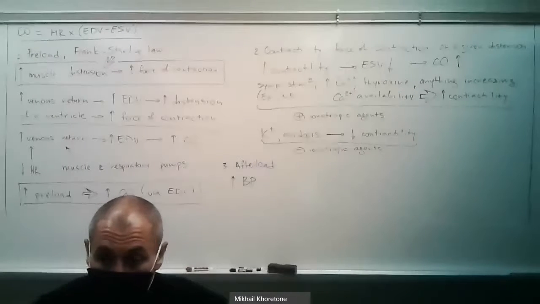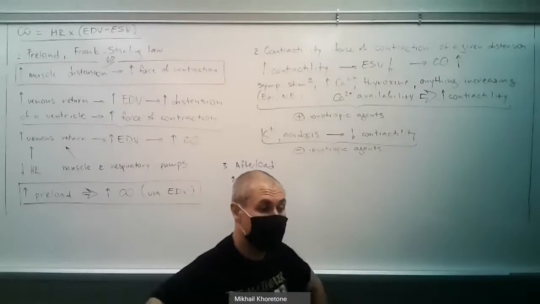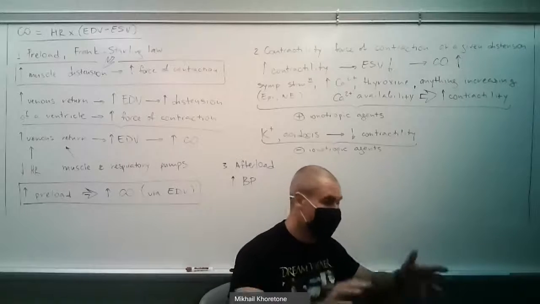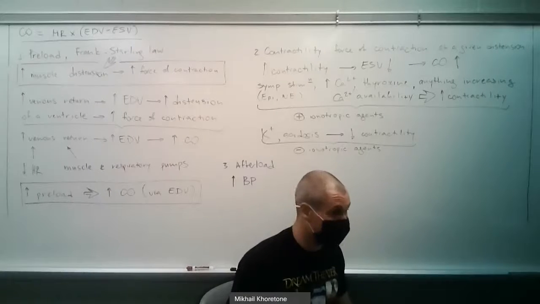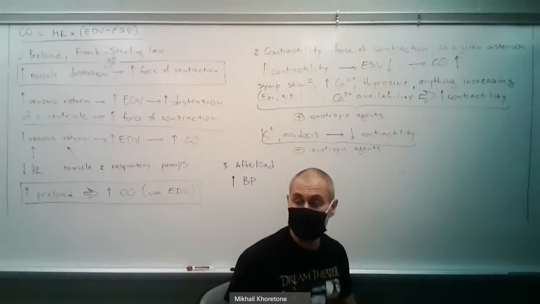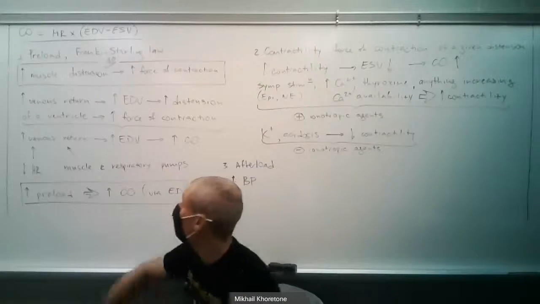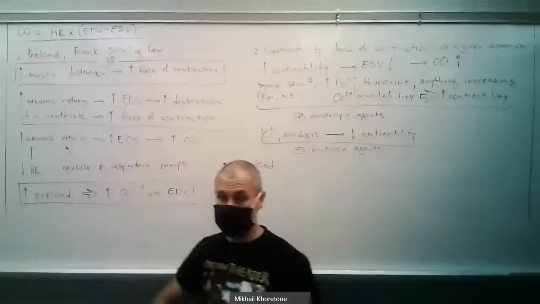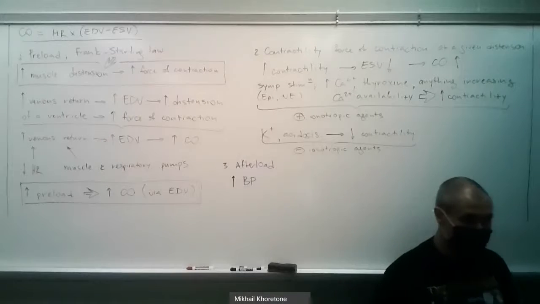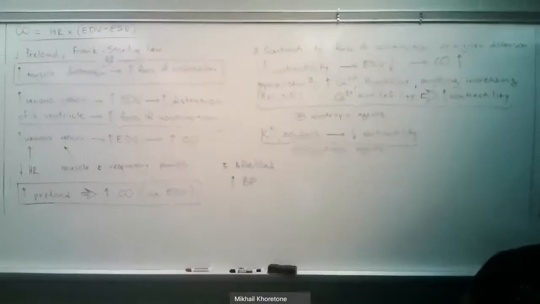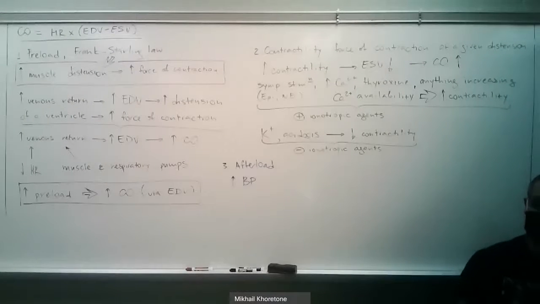When your ventricles start pumping into the, let's talk left ventricle and aorta, okay? When the left ventricle pumps into the aorta, if pressure in the aorta is higher than normal, which parameter of these two will be affected? That's kind of 3 out of 10. If pressure in the aorta is higher than normal, which will be affected, EDV or ESV?